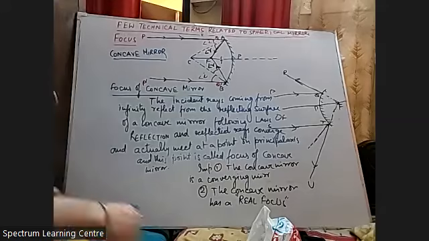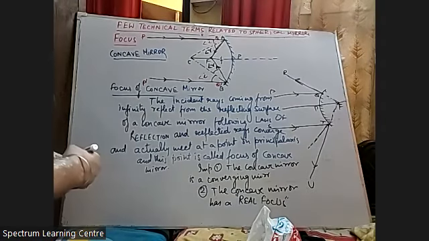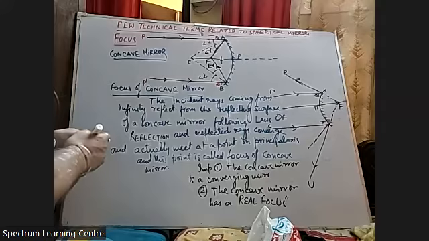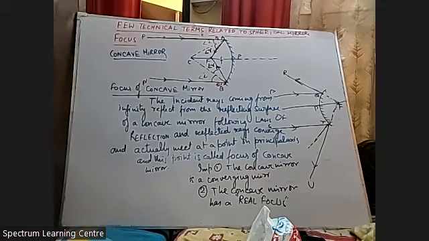Sir, why are the reflected rays meeting at the focus only, but not any other point? If the lines are parallel, these are experimentally verified, beta. If the incident rays are parallel to the principal axis of a concave mirror, they will certainly meet at focus.